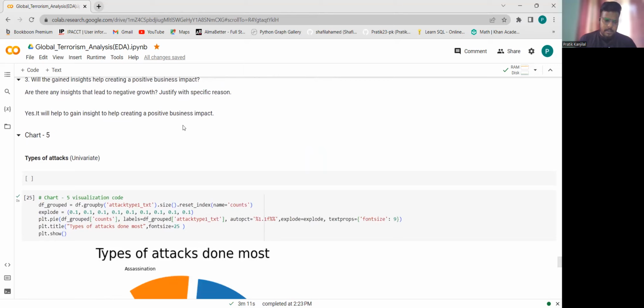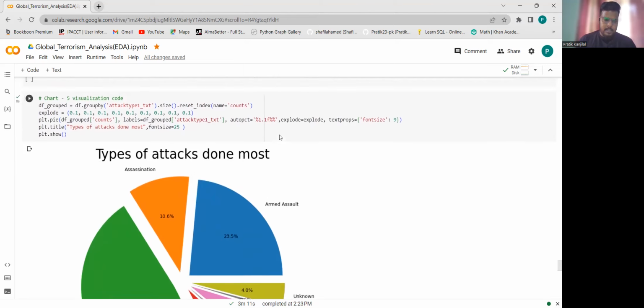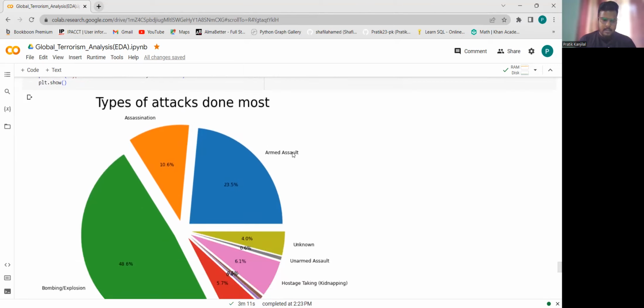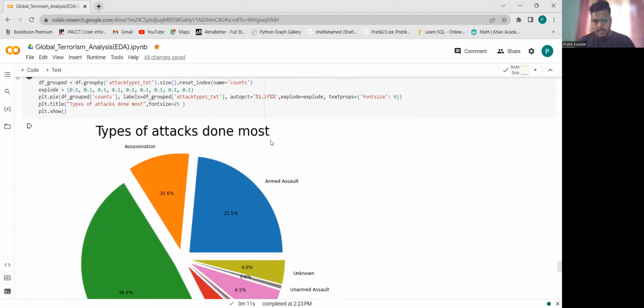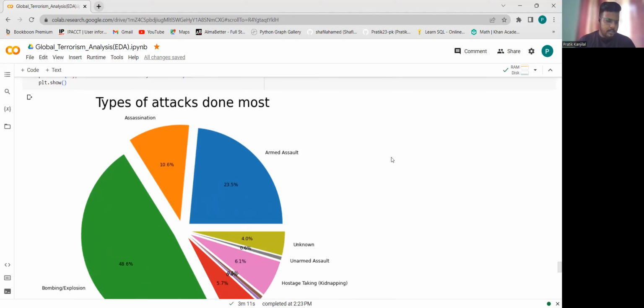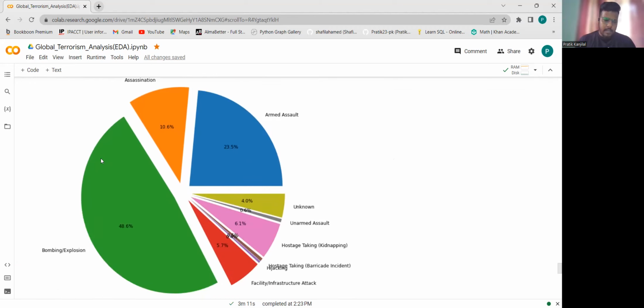Coming to the next visualization, this is a pie chart and this is again a univariate analysis. We are visualizing the types of attacks done most by the terrorists. And we can see bombing and explosion has almost a 50-50 share with the other types, not exactly 50. This is 48.6%.